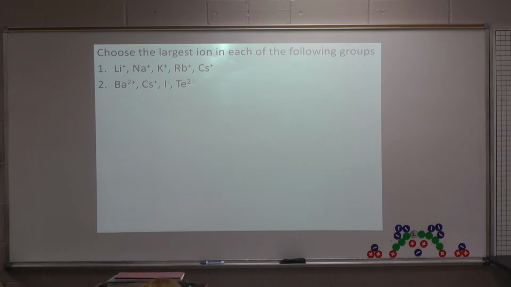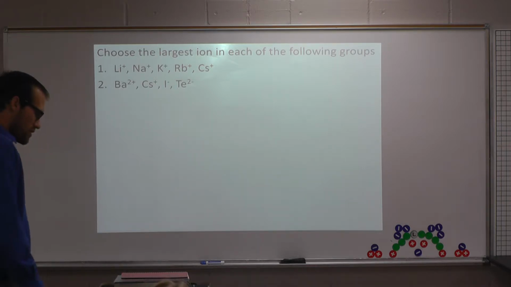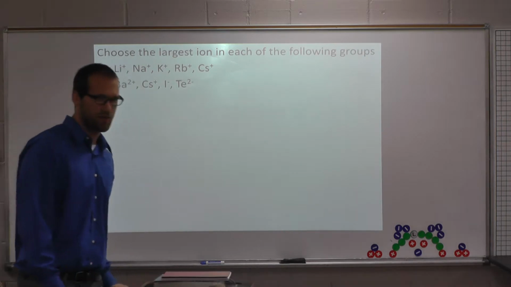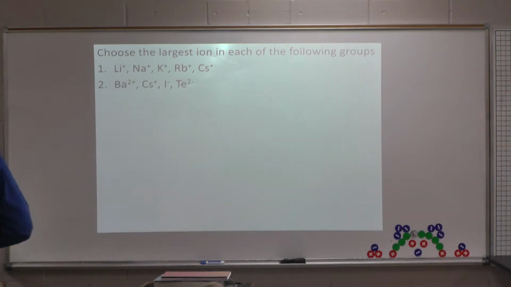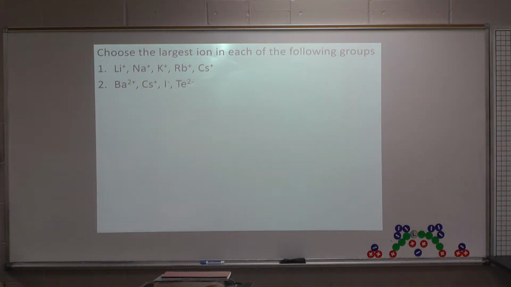So just look at the largest ion here. One of these is not an isoelectric series, but that's okay. I think you can use just your typical radius to figure this out. You done, Grant?